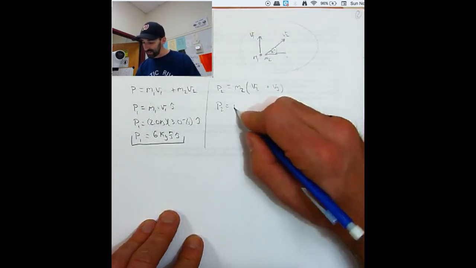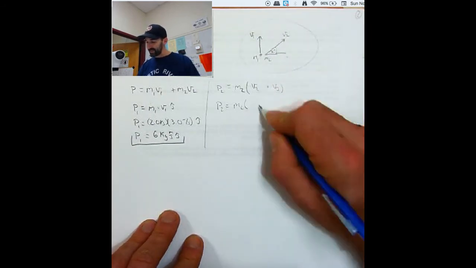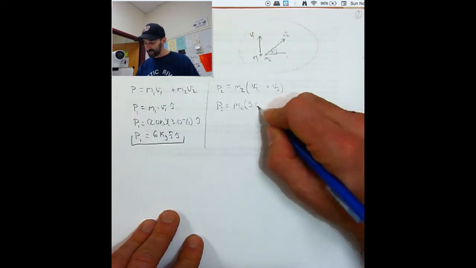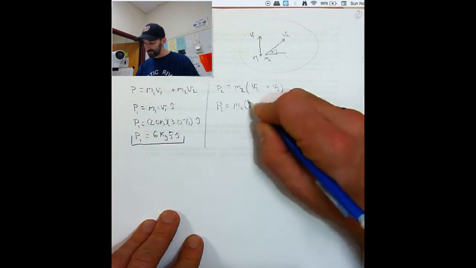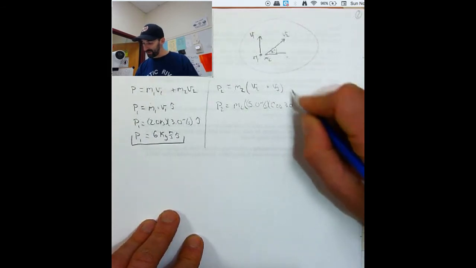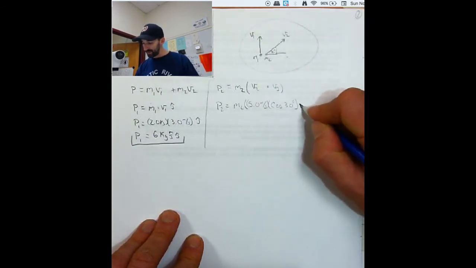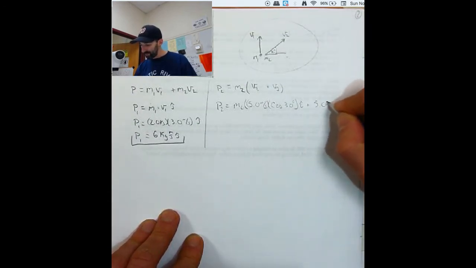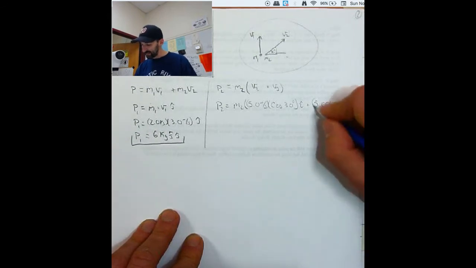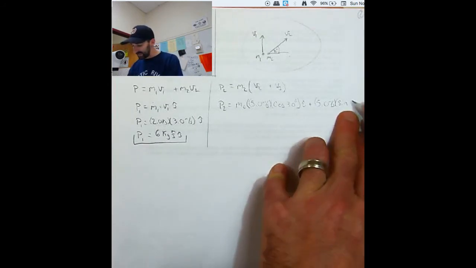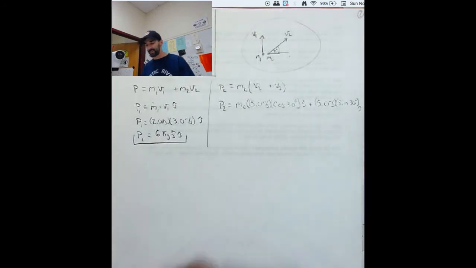So it's M2 times V2, 5.0 meters per second, times the cosine of 30 degrees in my I hat direction, plus 5 meters per second times the sine of 30 degrees in my J hat direction.